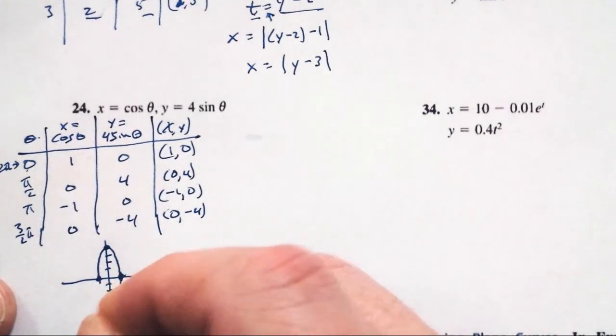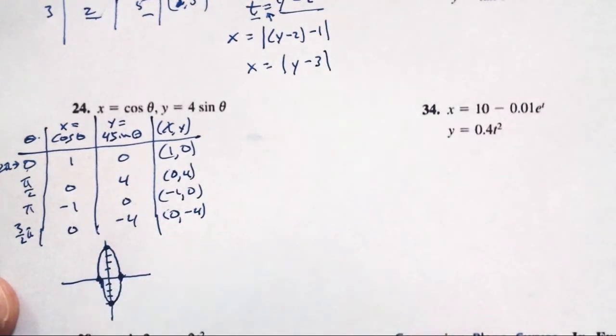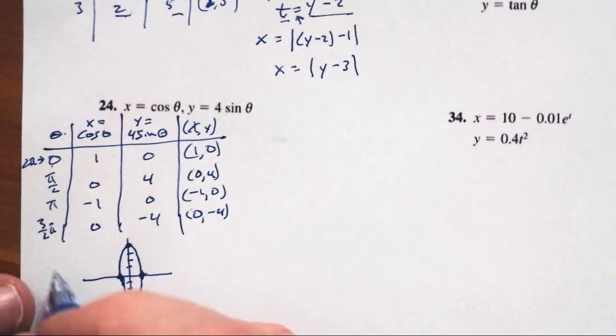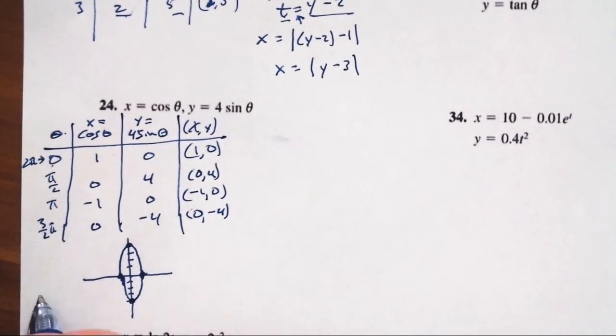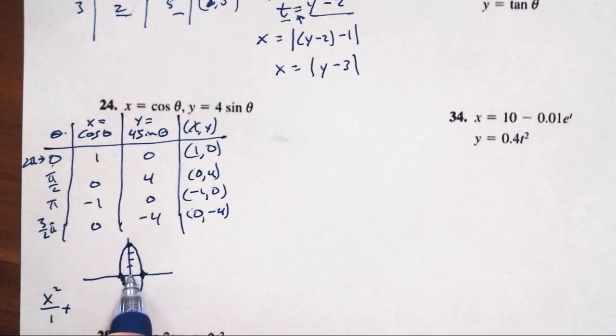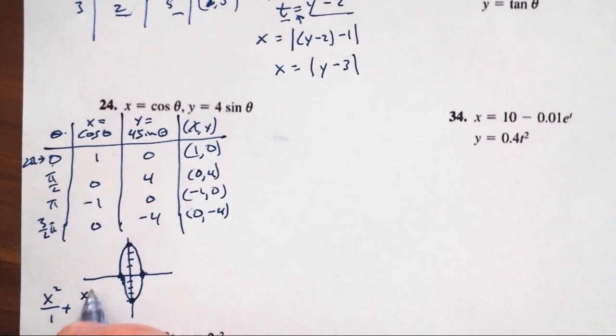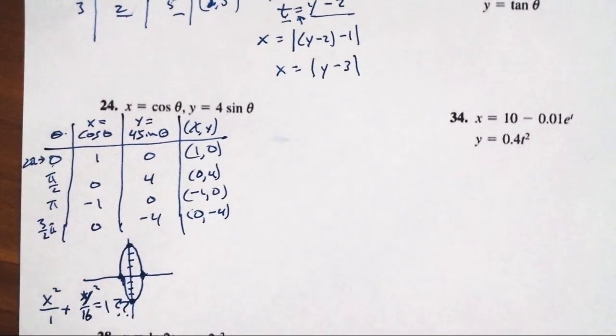But we're going to prove that it is in just a moment. In fact, if it is an ellipse, I would hope we all know this: h, k is 0, 0, this is x squared on 1 squared, we moved 1 right and left, plus y squared on 4 squared, we moved 4 up and down, y squared on 16 equals 1. Wonder if that's what this is.